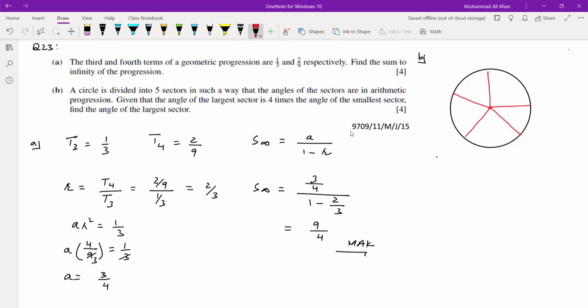In such a way that the angles of the sectors are in arithmetic progression. Let's say these are A, B, C, D, E. They all are in arithmetic progression. Given that the angle of the largest sector, means E, is 4 times the angle of the smallest sector.